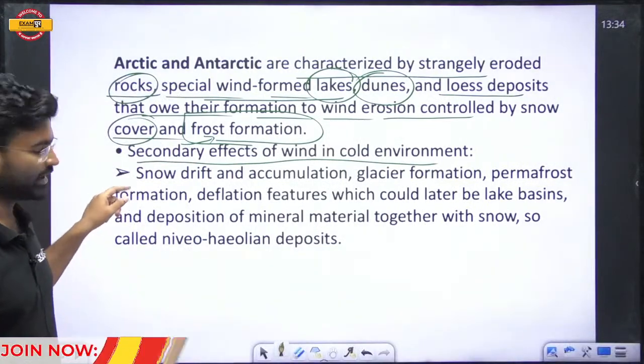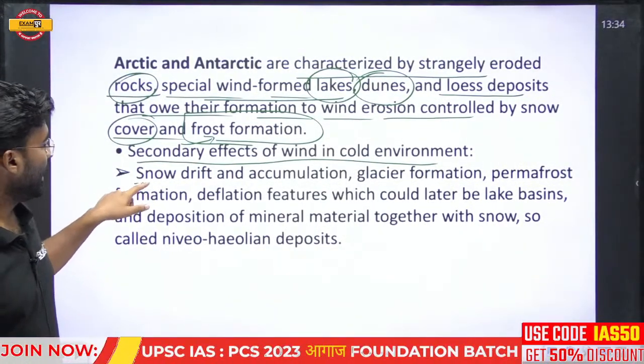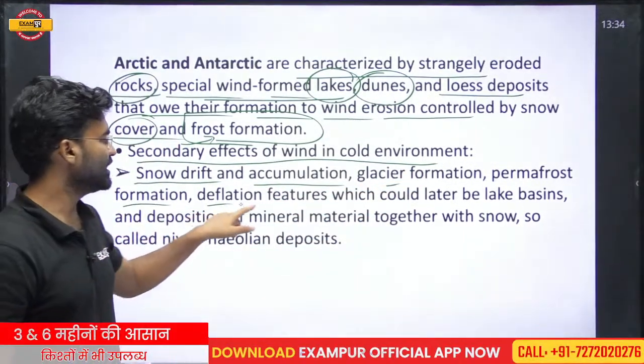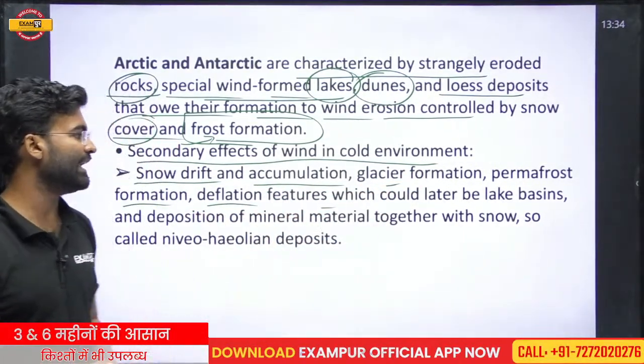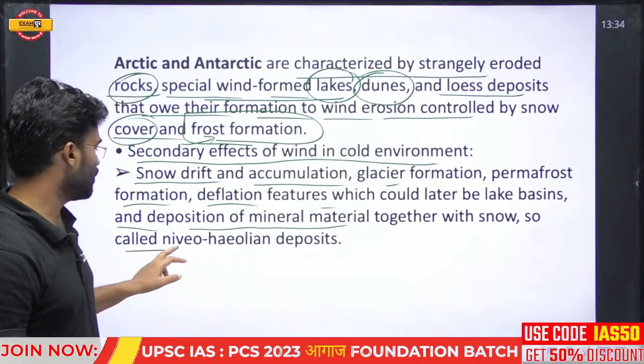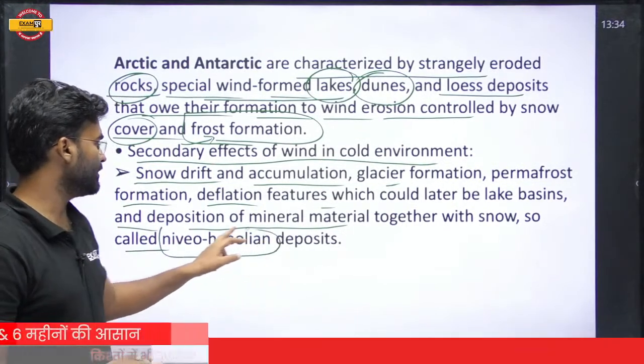Okay, Shivam Tiwari. Snow drift and accumulation, glacial formation, permafrost formation, deflation features which could later be lake basins, and the deposits of mineral material together with the snow, the so-called nivo-aeolian deposits.